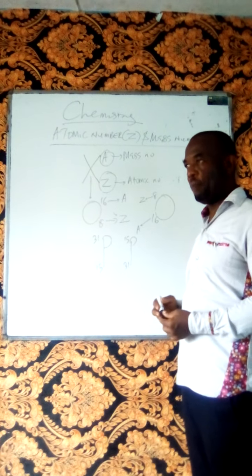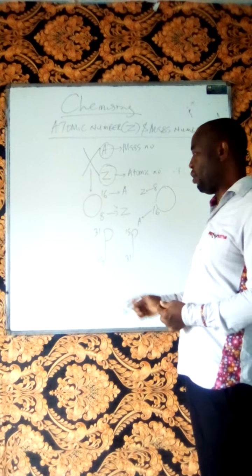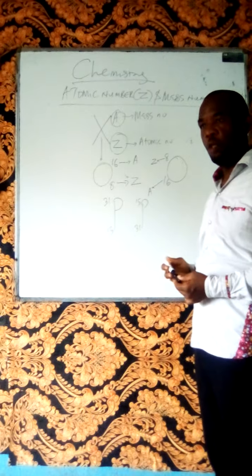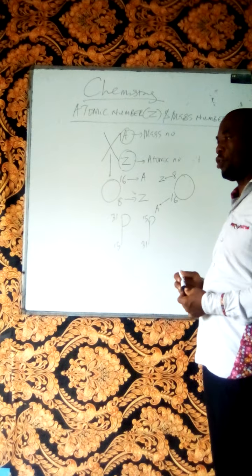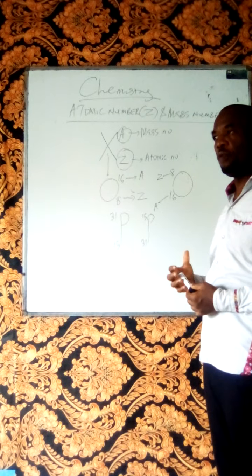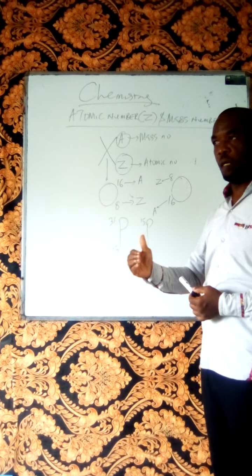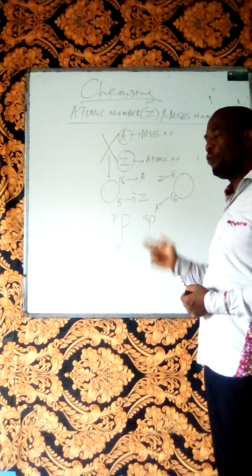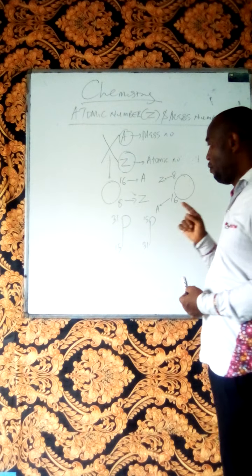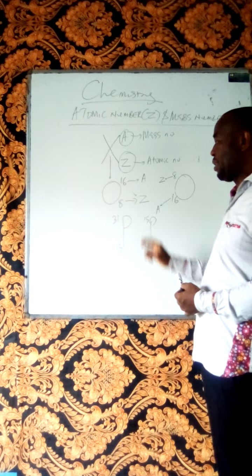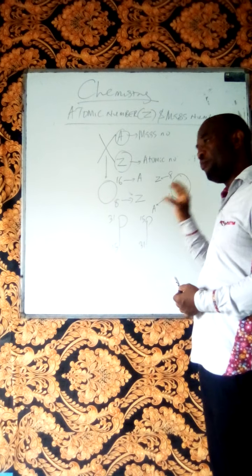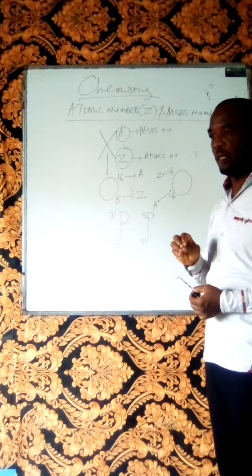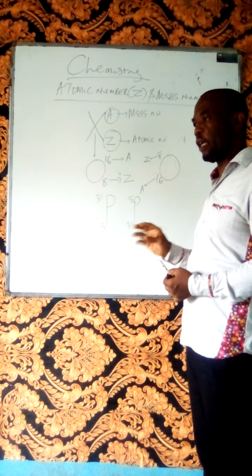The mass number, being the bigger value, remains 31, while the atomic number, being the smaller value, remains 15. So what have we learned? When you have a symbol of an atom, two numbers are associated with it: the mass number and atomic number. Whether placed as a superscript or subscript, the mass number remains the bigger value, while the atomic number remains the smaller value. Okay?